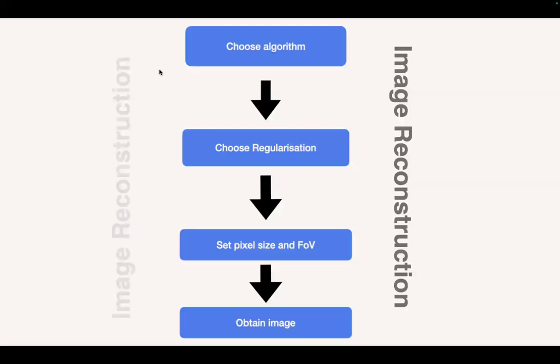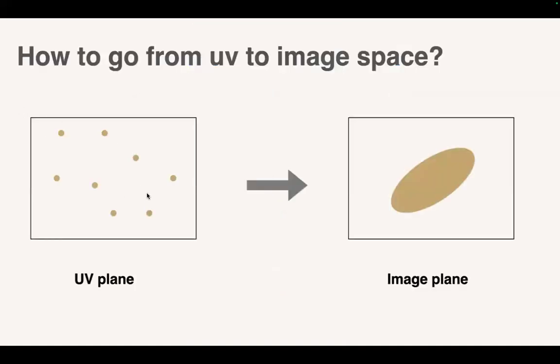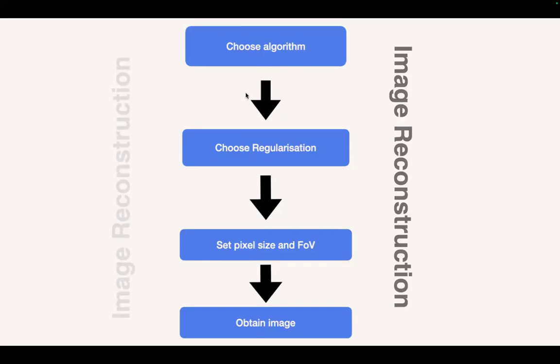I won't go through the details of all of that, but in the optical near-IR interferometric community, there are various algorithms that people have developed for imaging. Again, the differences are basically in how they fill in this space. So the way to do somewhat reliable imaging is to rely on more than one algorithm, so you can try to figure out what are artifacts and what are actual features in the image.